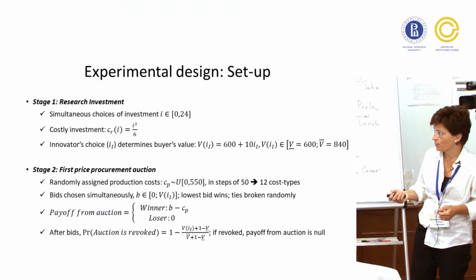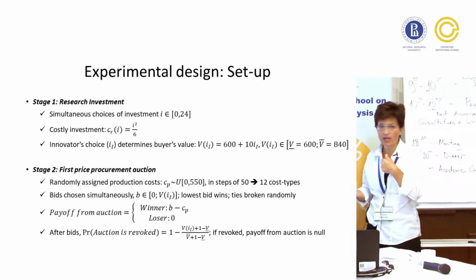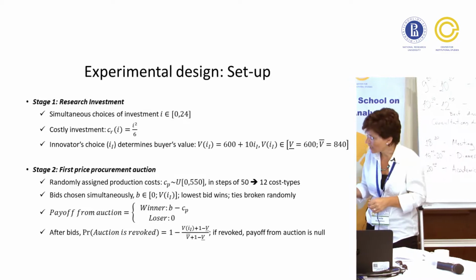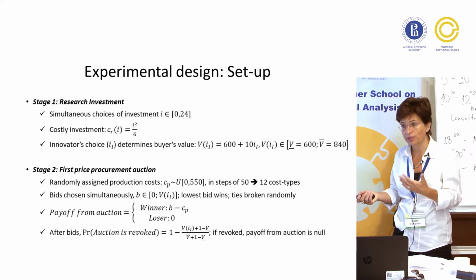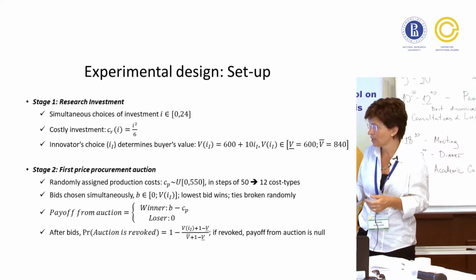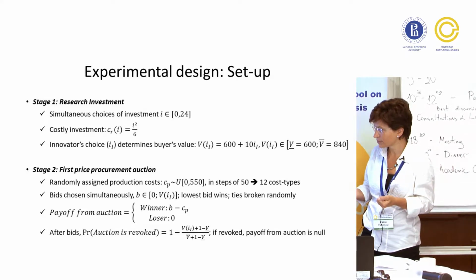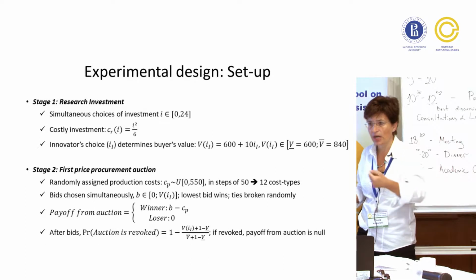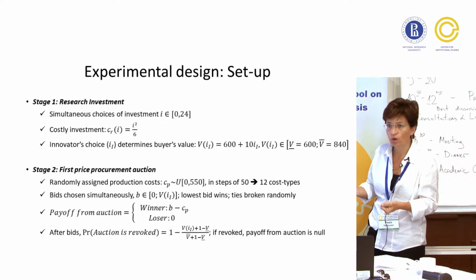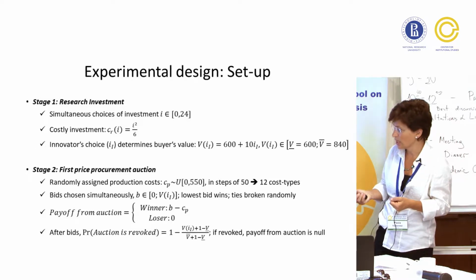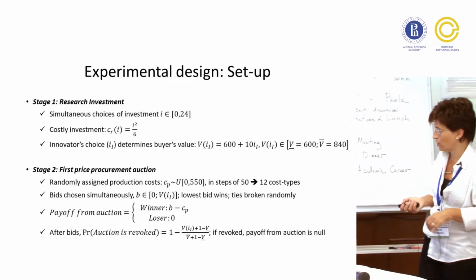And so the payoff from the auction, as we saw yesterday, in my wrong formula if you remember, is for the bidder, so for the subject: the winner between the two will get the bid, which is the price the buyer has to pay, minus the production cost assigned before, okay? While for the loser, there will be a 0 payoff.